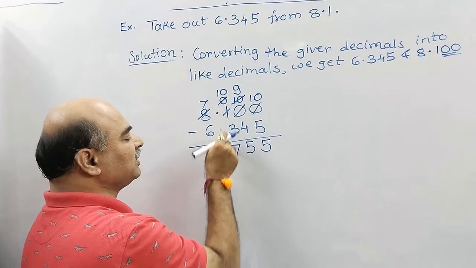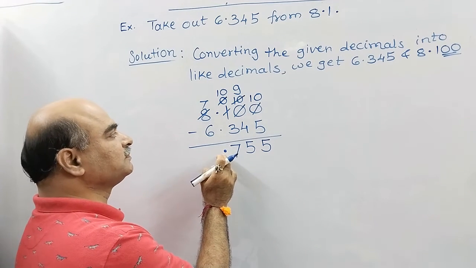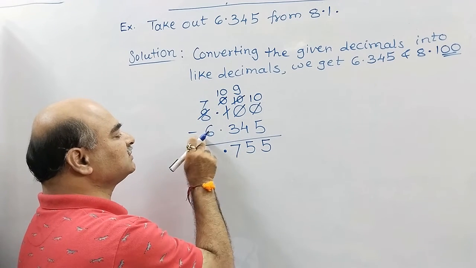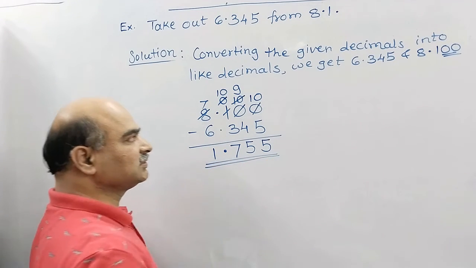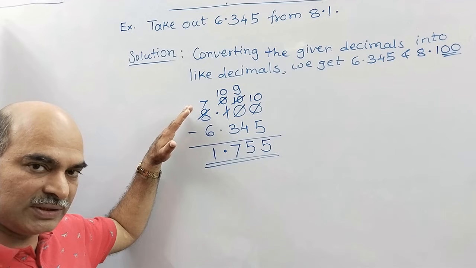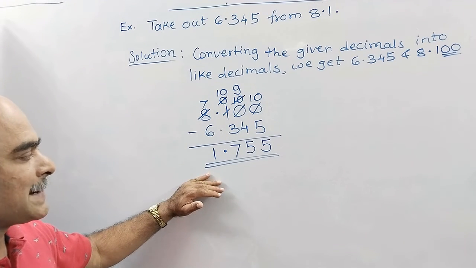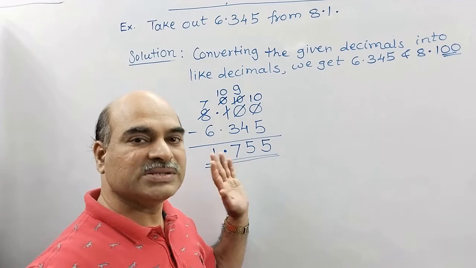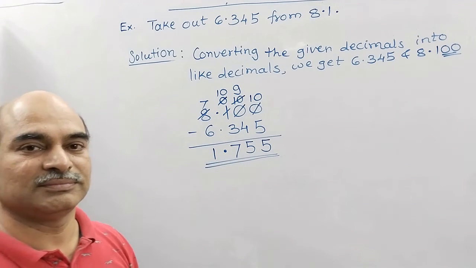Now the decimal point, its place does not change, it stays here. Now 7 minus 6, we get 1. So thus, considering each and every digit in these decimals, we got the final answer, that is 1.755. That is our final answer.